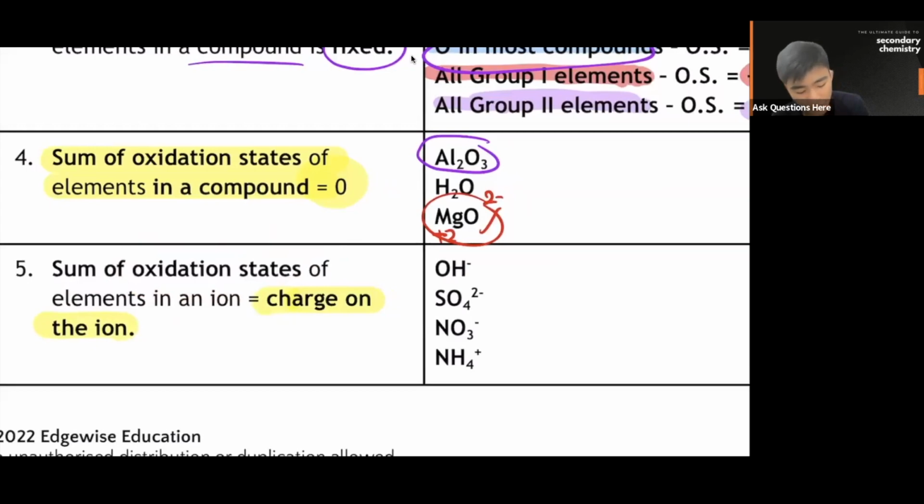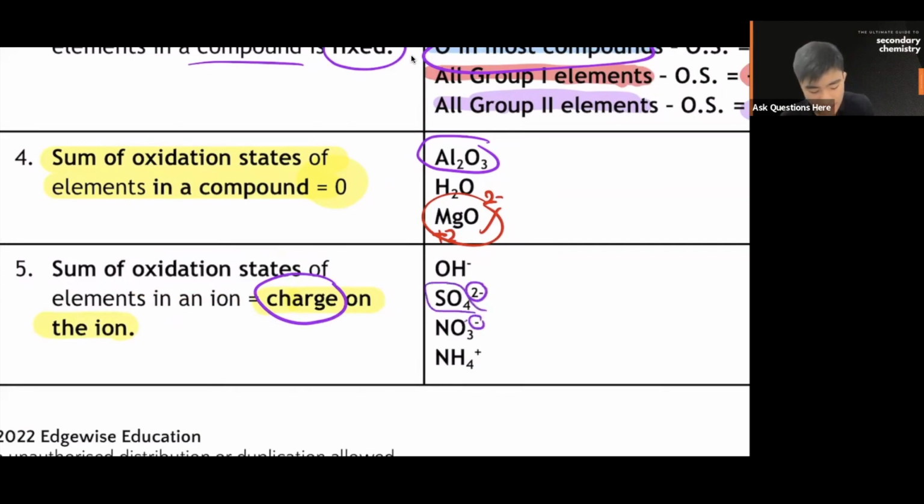So you can see how in OH minus, I want to stress this once and for all again. The fact that ions exist means that there is a charge on the ion. The charge itself is not on one element, but the charge is for the whole ion. So 2 minus is applied to the whole SO4 ion.